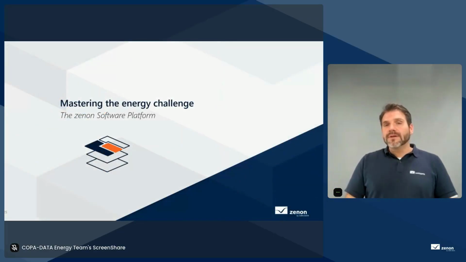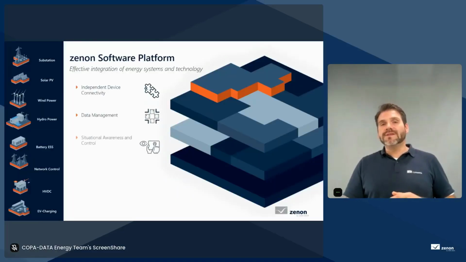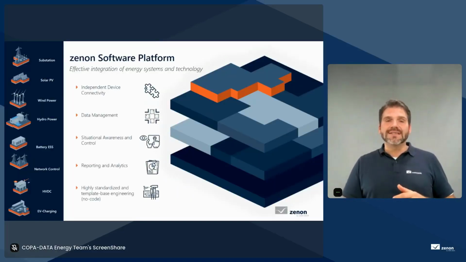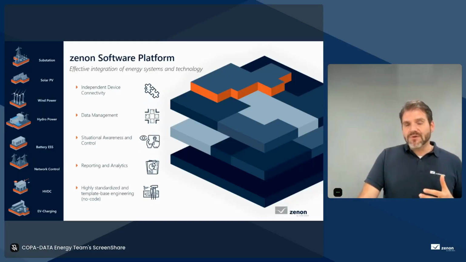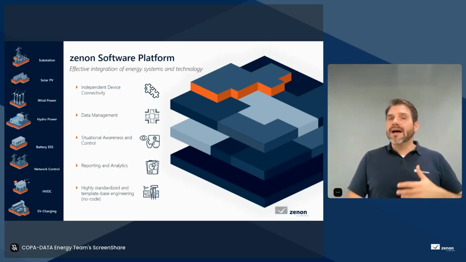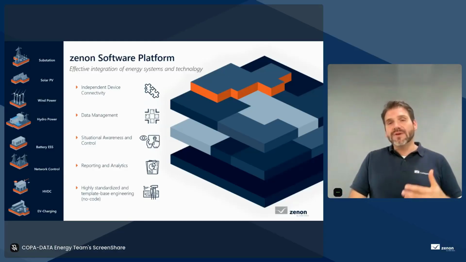And here, the zenon software platform comes into play, which solves quite a big share of those problems. So let's have a look at what the zenon software platform actually is. With the zenon software platform, you can connect to any device and equipment, to any asset.